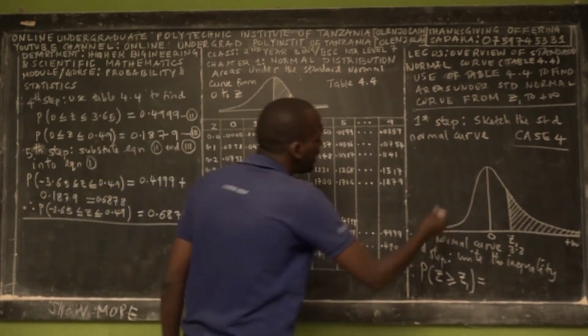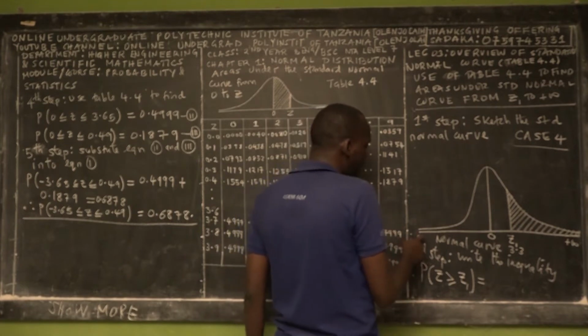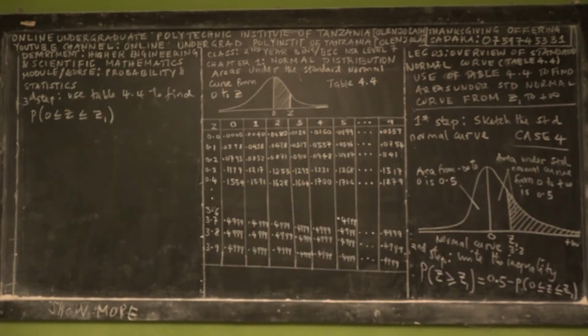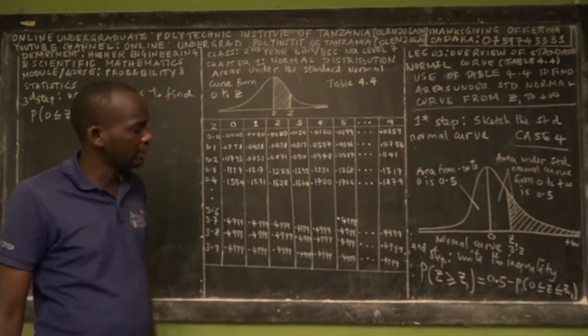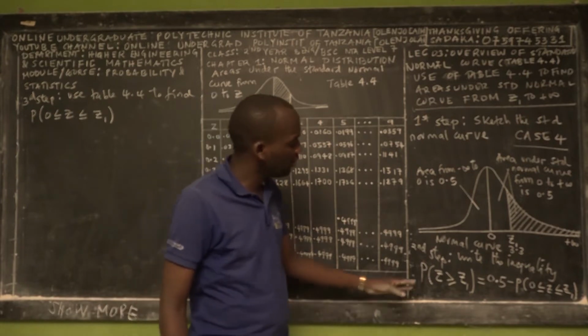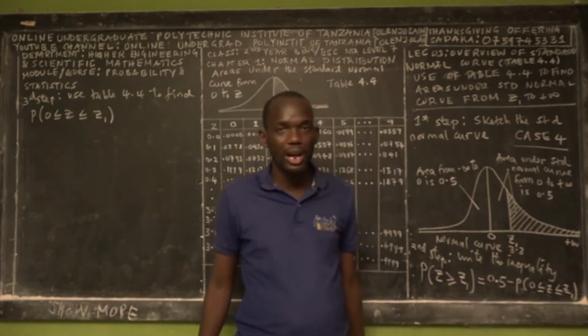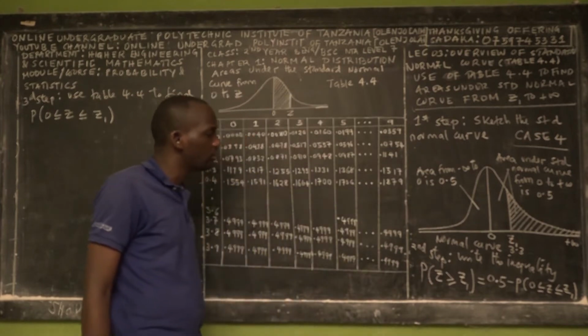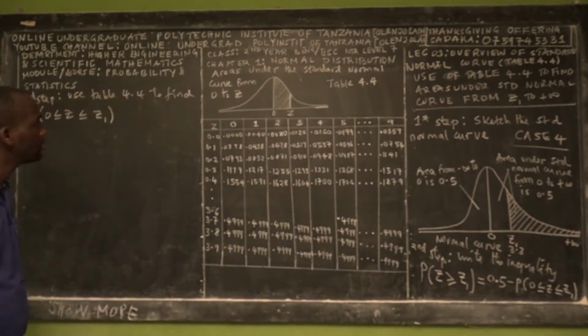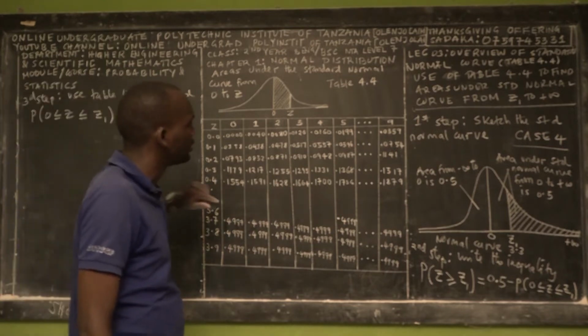The second step, we have to write the inequality of the probability: probability of z greater than or equal to z1 is equal to 0.5 minus probability of 0 less than or equal to z less than or equal to z1.